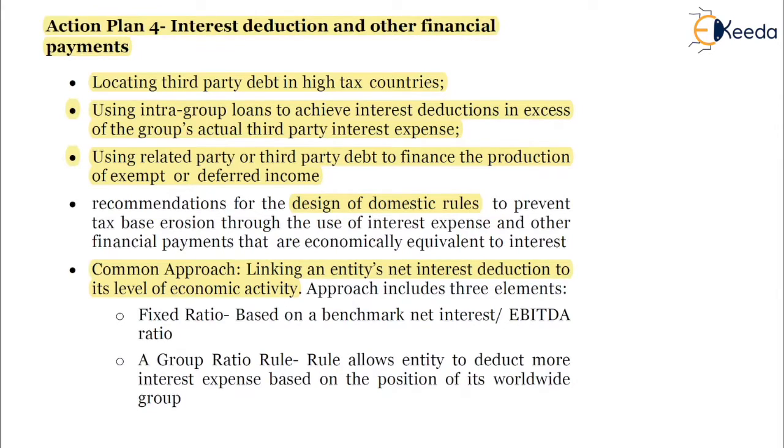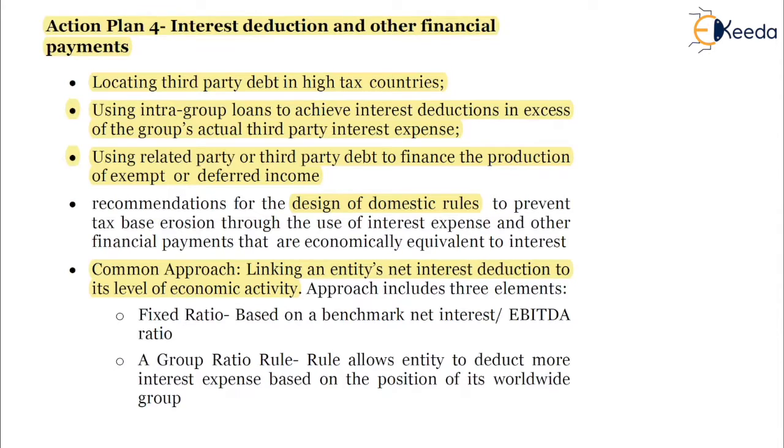And last is targeted rules, which are specific to a particular risk. So based on a particular risk, rules are made, and accordingly targeted rules, specific rules, address the issue of deduction of interest or other similar payments.